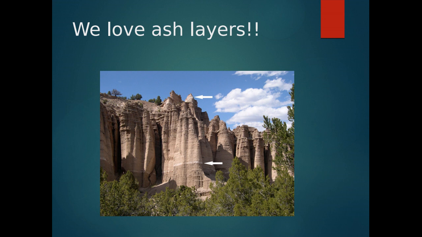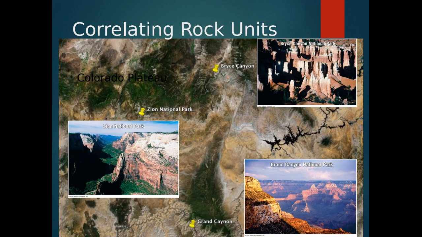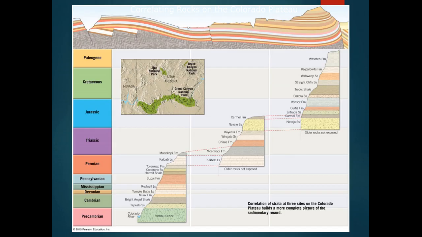Ash layers are awesome because they coincide with the sedimentary rocks, and they give us a good time for when those rocks were deposited. And we talked about correlating rock units from widely varying locations based on some of that dating.